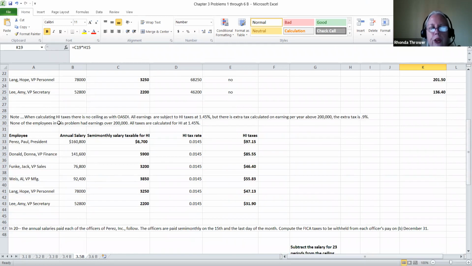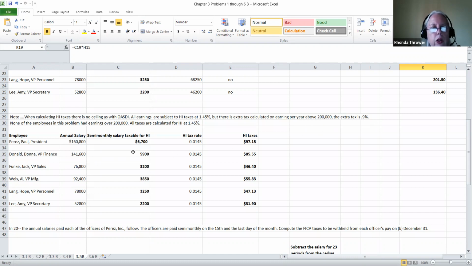Note, when you calculate HI, or the Medicare portion of FICA taxes, there is no ceiling as we calculated with OASDI. All the earnings are subject to 1.45%, but there's an extra tax that would be calculated per year on earnings above 200,000, and the extra tax is 0.9%.